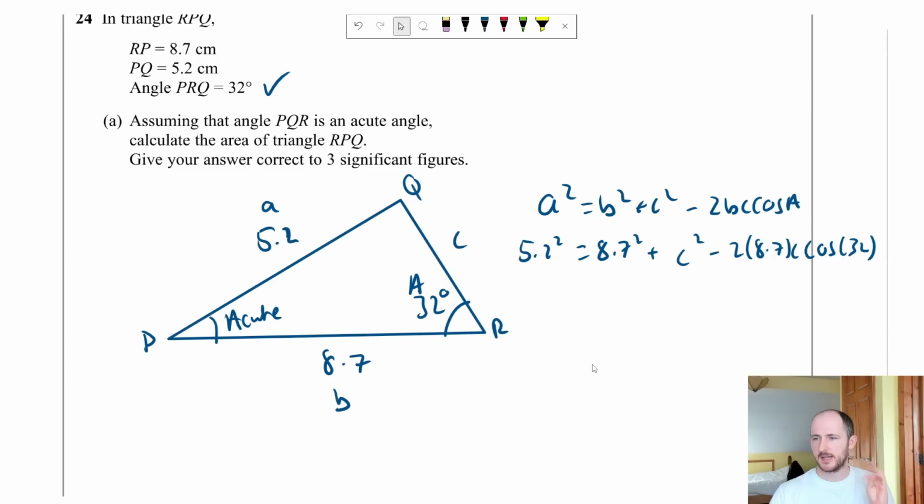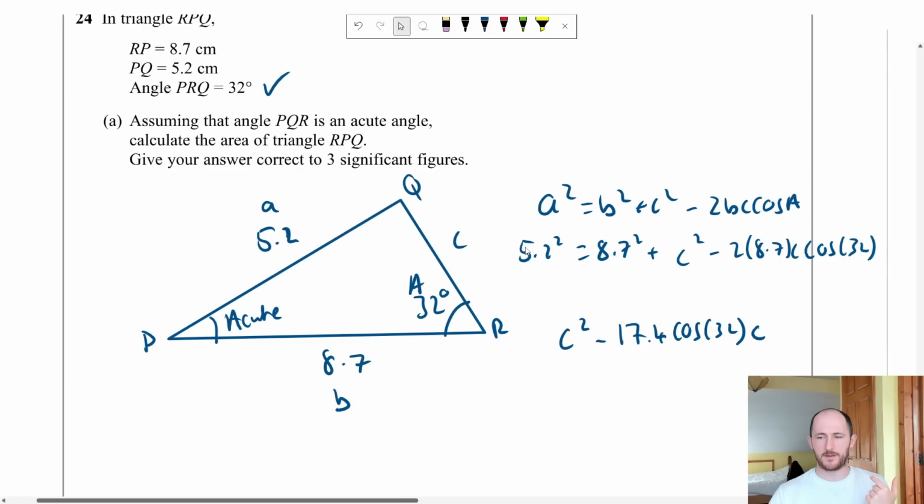So let's have a look. I'm going to write the c squared first. Then I'm going to simplify this. So 2 times 8.7 is 17.4, right? Yeah, 17.4. Minus 17.4 cos 32 c. And then I'm going to do 8.7 squared minus 5.2 squared because I'm moving the 5.2 squared over to the other side.